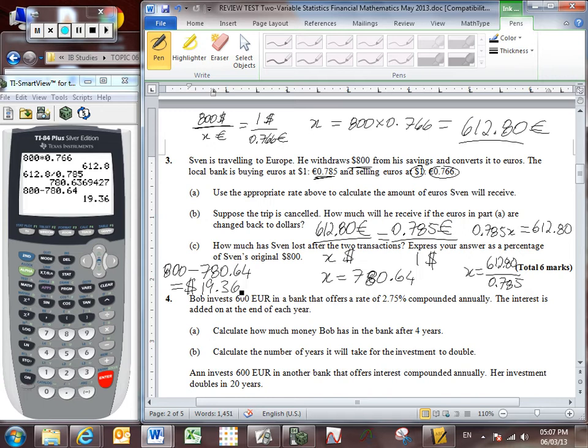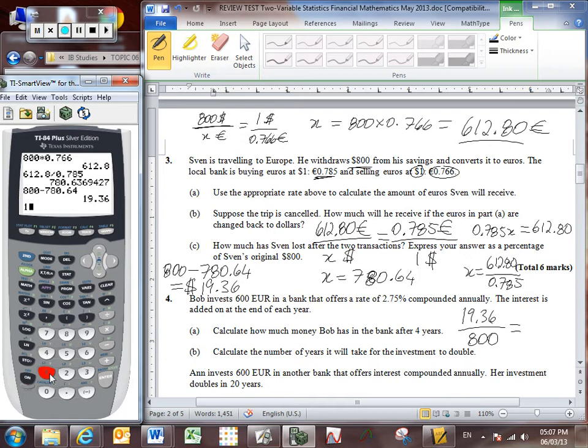And now we need to express our answer as a percentage of Sven's original $800. So this 19.36 that was lost, what percent of his original 800 is that? So we'll say 19.36 divided by 800.